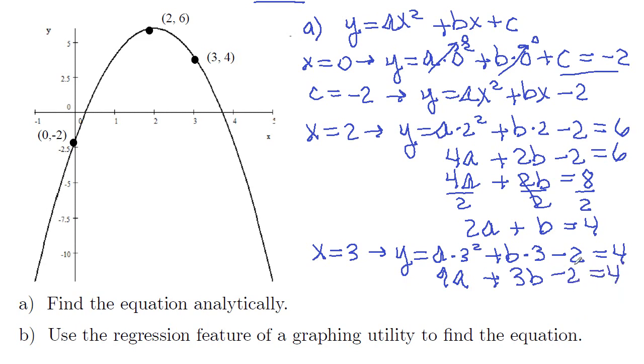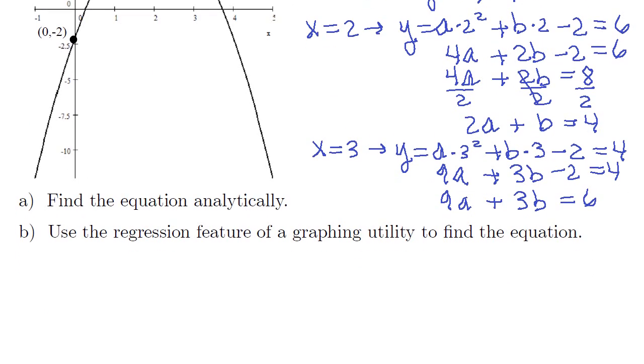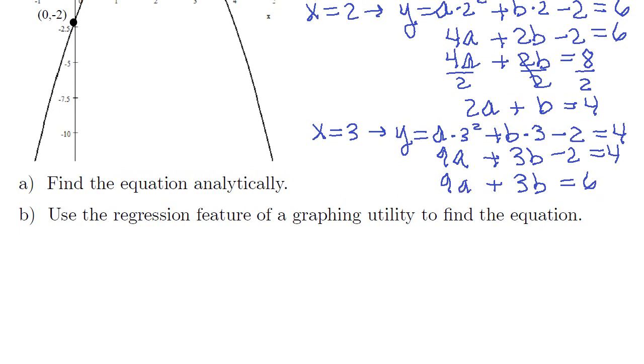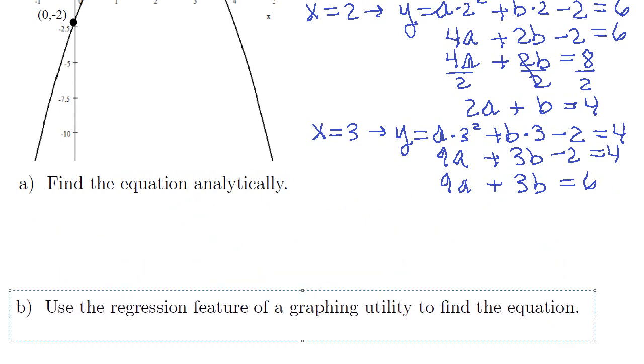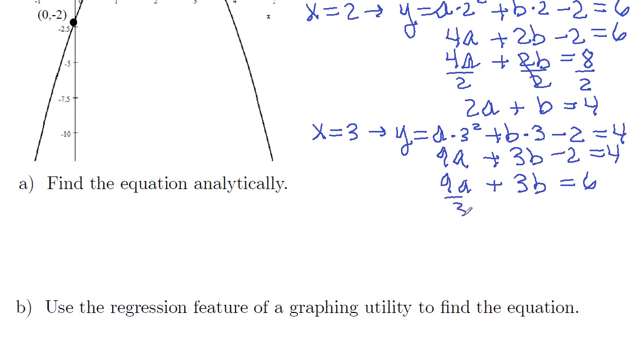Then add 2 to both sides, so 9a plus 3b is equal to 6. Notice that everything here is divisible by 3. So if we divide through by 3, 9 divided by 3 is 3, so 3a plus b equals 6 divided by 3, 2. So we've got these two equations.